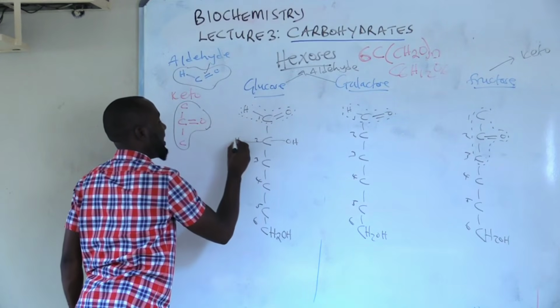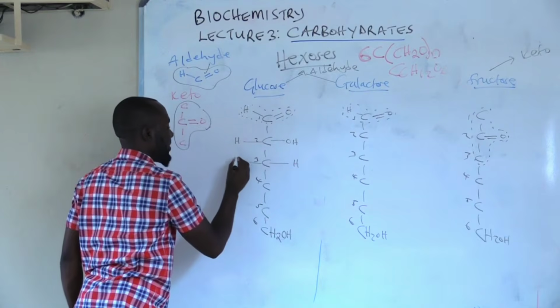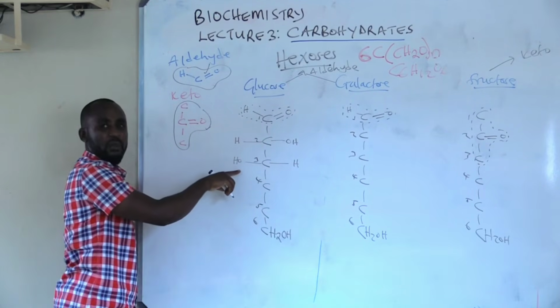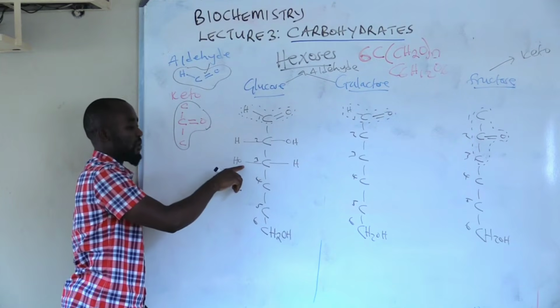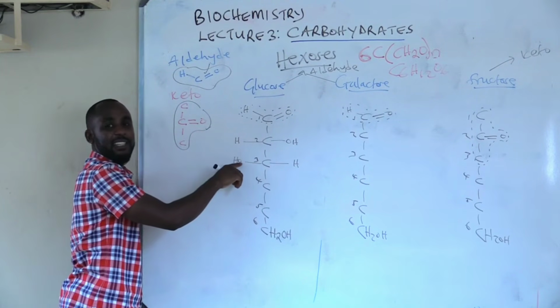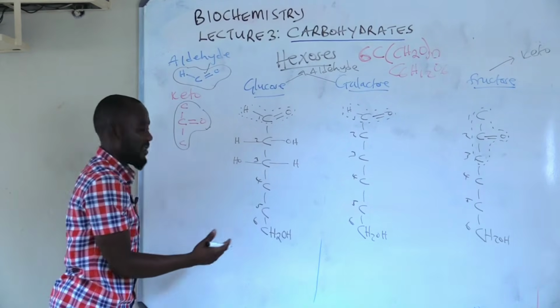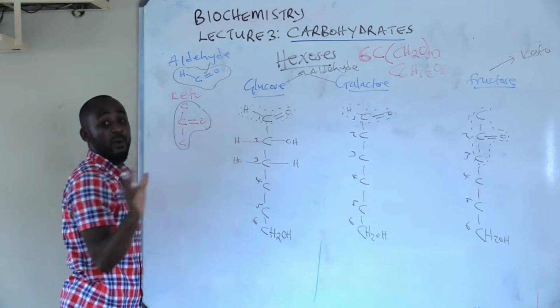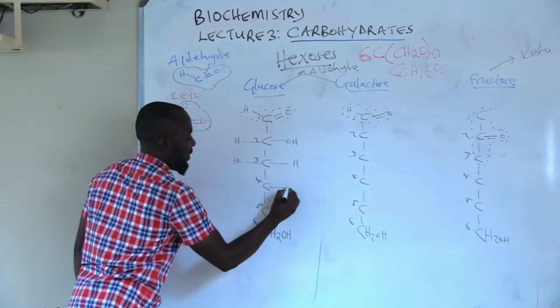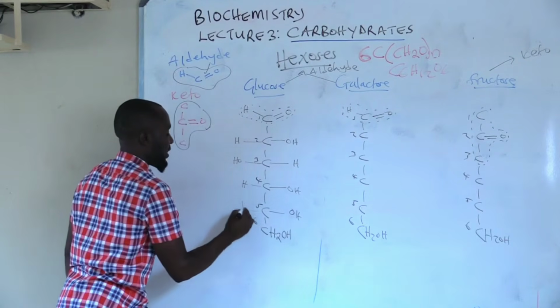On your left, there is H. On carbon number 3, there is H there, there is OH. I know you ask me, why are you writing HO? I am writing HO because what bonds to carbon is oxygen. And if I write OH on your left, hydrogen instead will be bonding to carbon, which is incorrect. On number 4, OH, H, then OH, H.